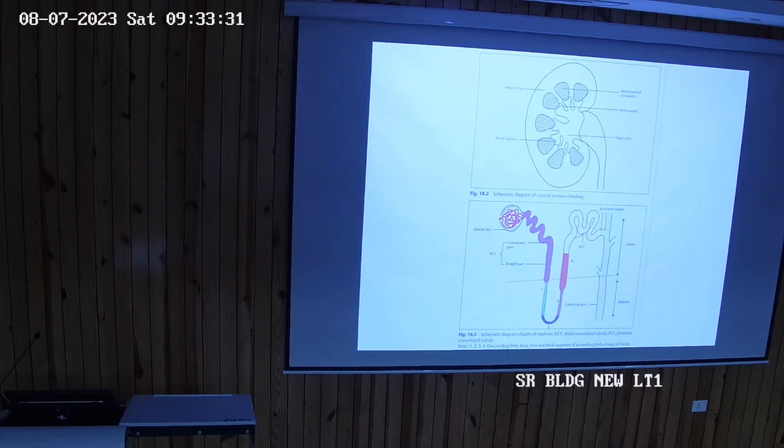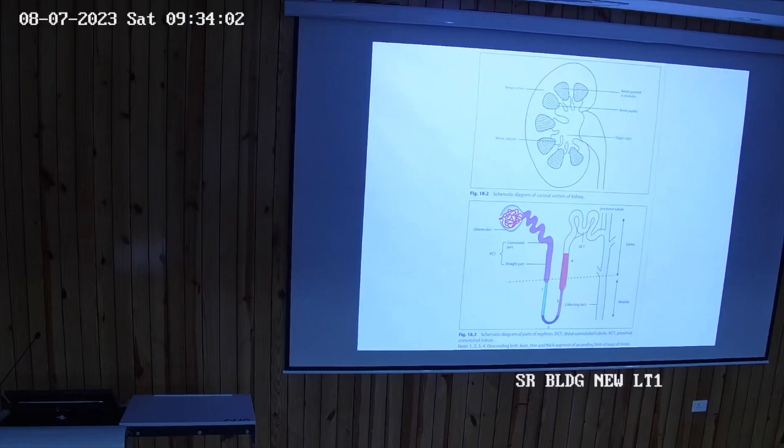When the blood pressure of the person is low, what happens? Blood pressure is low, so sodium concentration will be low. And low sodium concentration will stimulate the macula densa. Once the macula densa is stimulated, it will stimulate the JG cells.